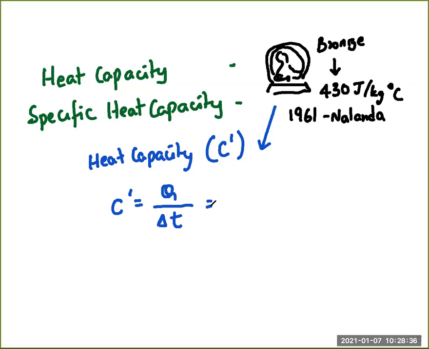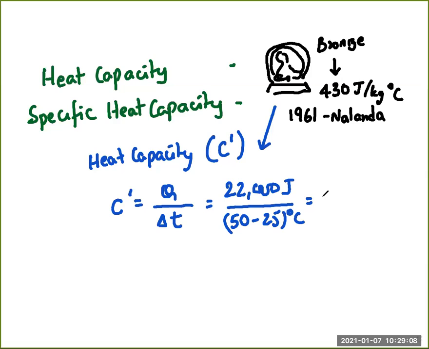I had calculated some numbers in my head. I think, wait, if I can remember it, it is something like 22,000 joules divided by delta T, which is 50 minus 25 degrees Celsius. So it was put in some kind of a machine which can measure the amount of energy supplied, probably through electricity, and then it can also measure the temperature rise of the bronze statue.